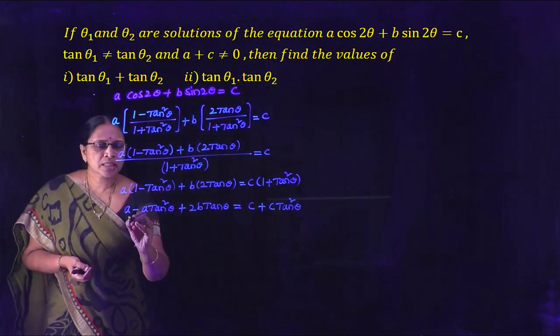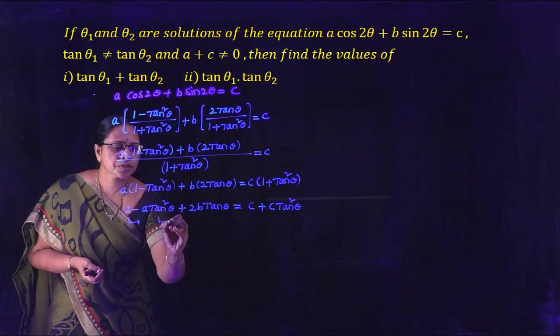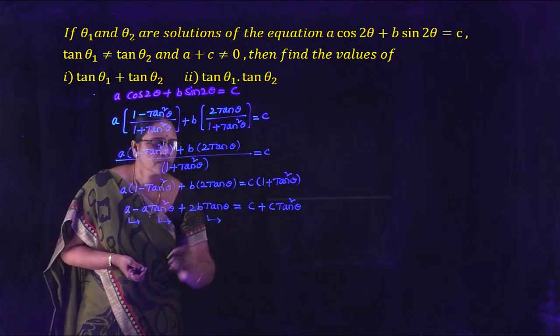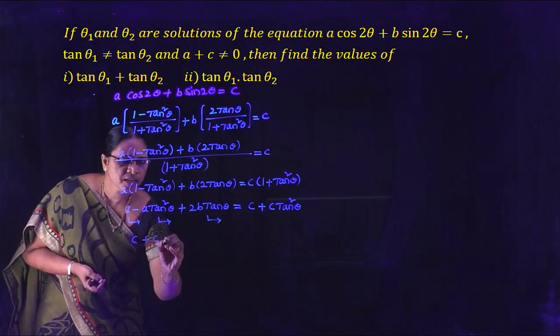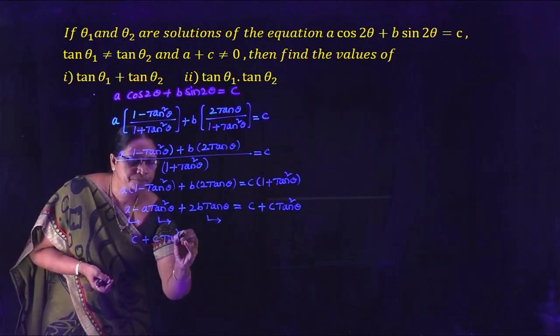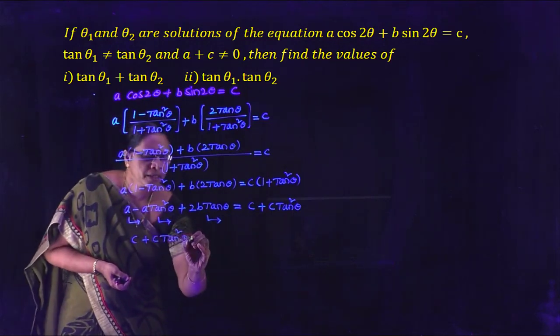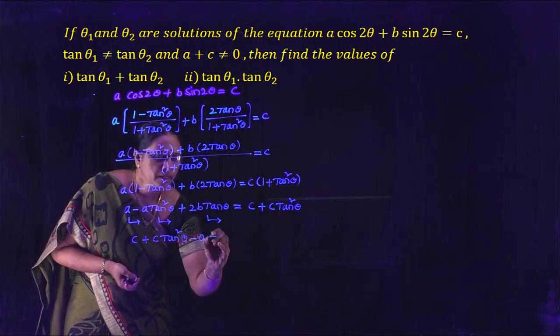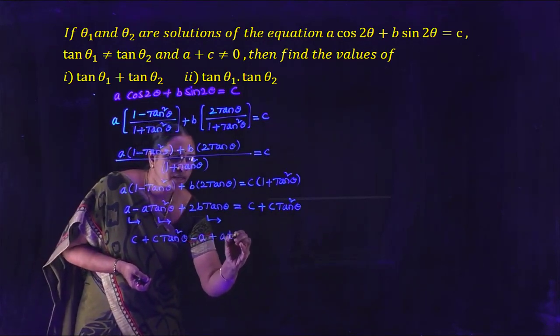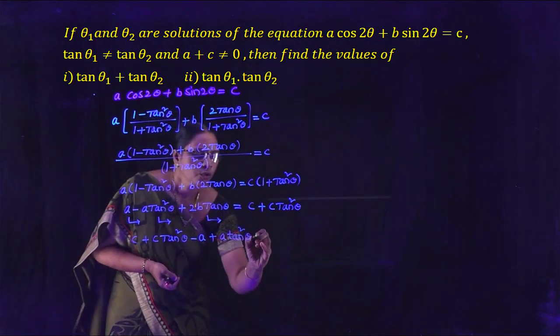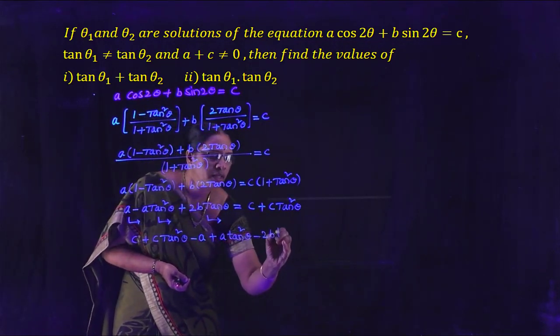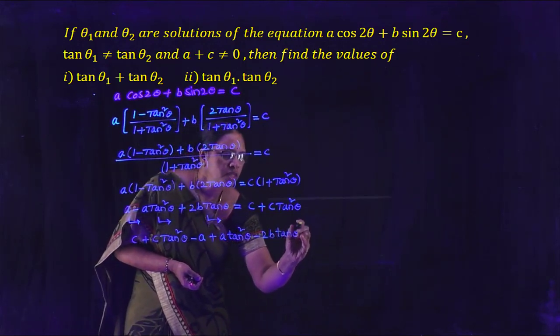Move all these terms to the RHS. Here RHS is c plus c tan square theta minus a plus a tan square theta minus 2b tan theta is equal to 0.